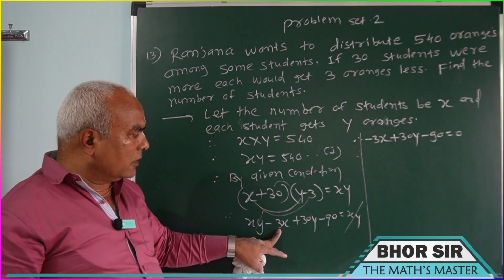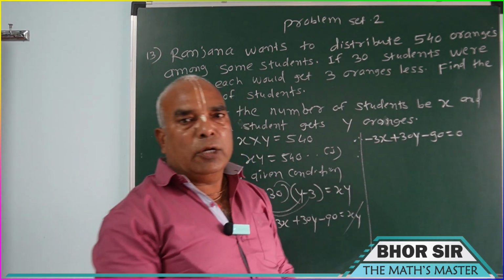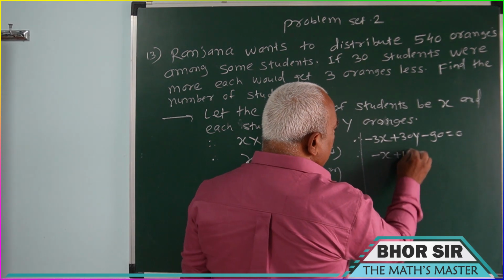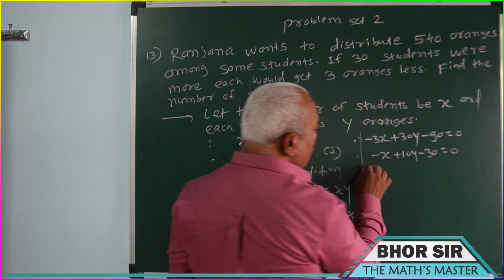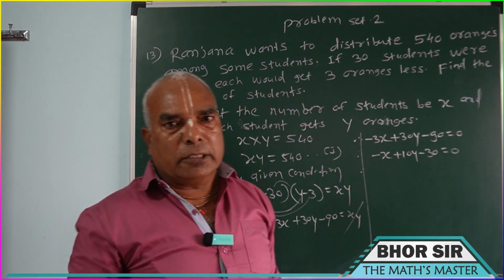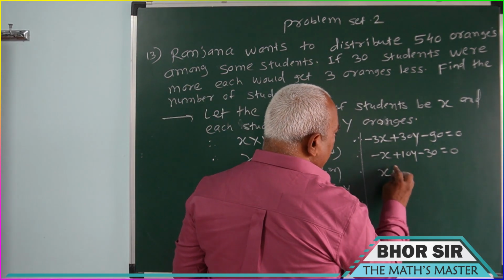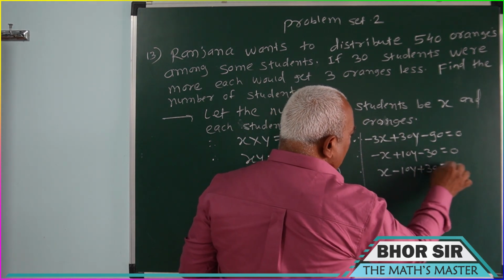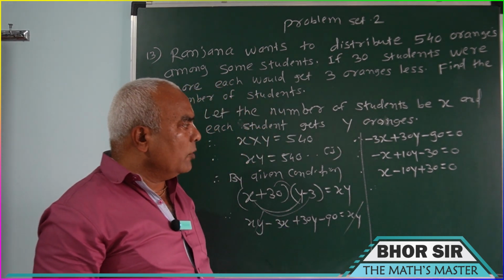We can divide all by 3, then the answer is minus x plus 10y minus 30 is equal to 0. We don't want the minus sign first, so change all signs. Then x minus 10y plus 30 equals 0.